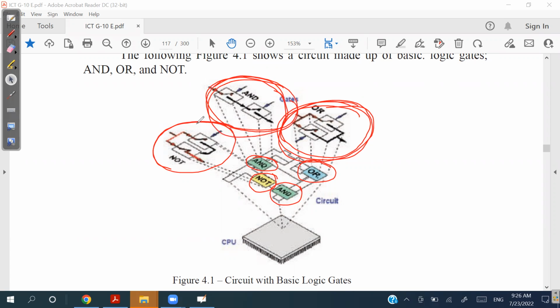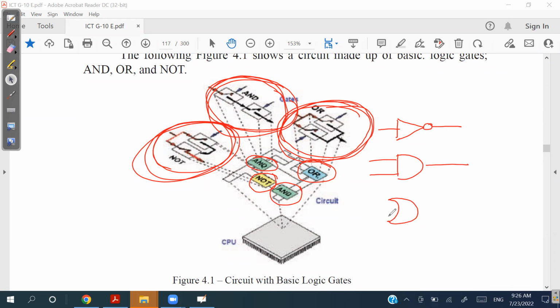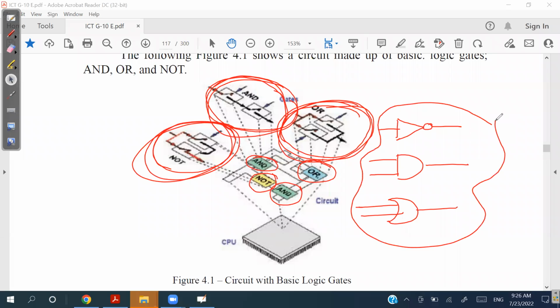Instead, we are going to learn certain symbols to represent gates. You will get to know what kind of symbols these are and what their purpose is. These symbols help you identify how the logical operation is going on with the CPU in the computer.